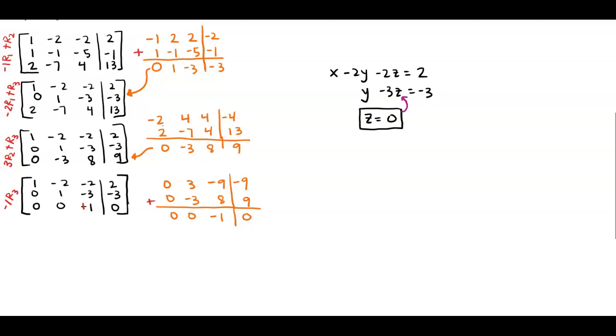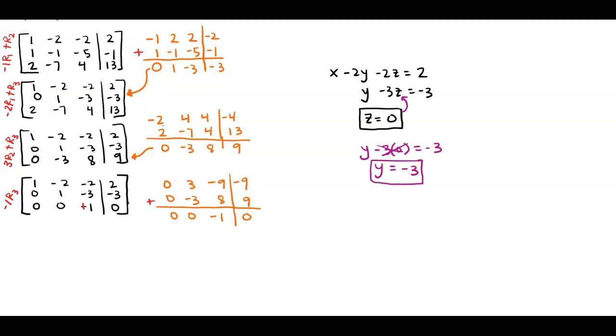When I do that, I get y minus 3 times 0 equals -3. Well, 0 times anything is just 0, so I really just get y equals -3. So I found another part of my answer.